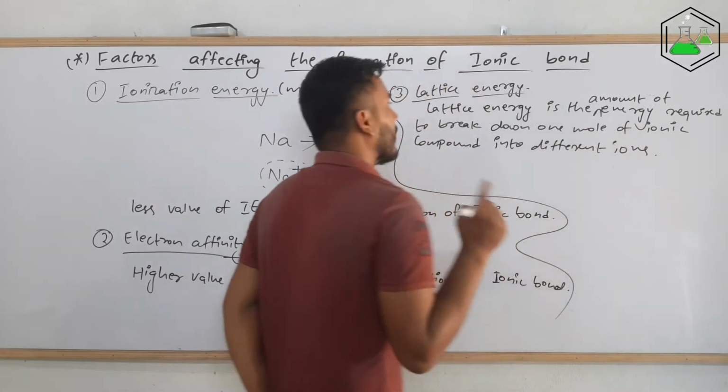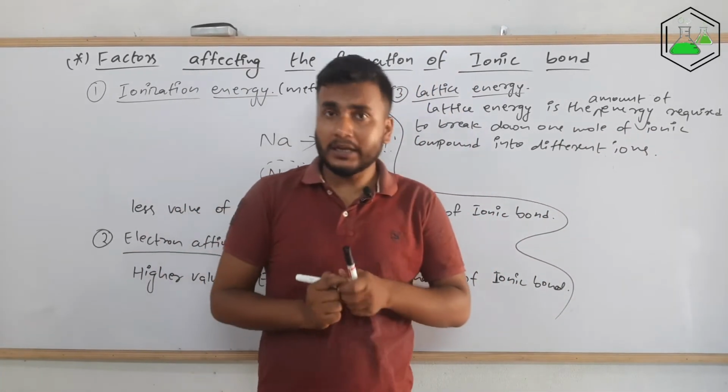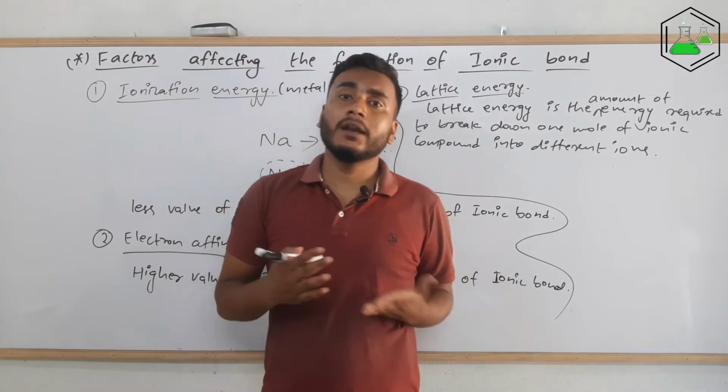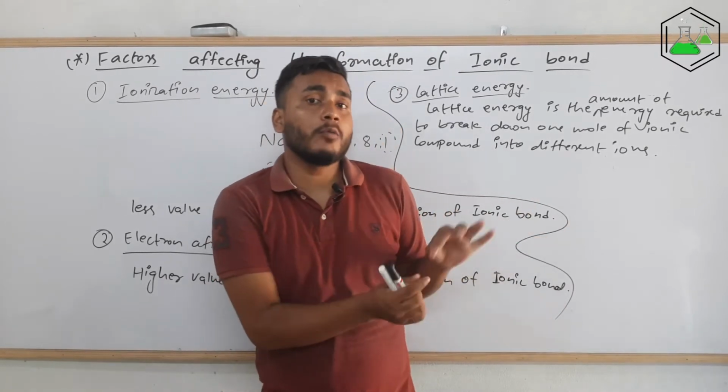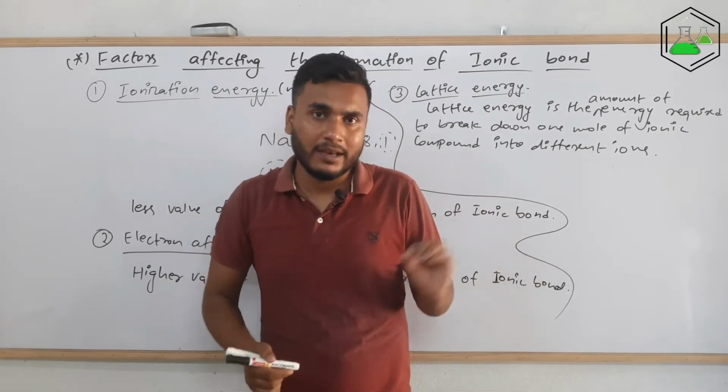So if we have 1 mole of ionic compound and if we want to break it by providing some energy, then the amount of energy provided to the ionic compound to break it into different ion, that is cation and anion, is called the lattice energy.